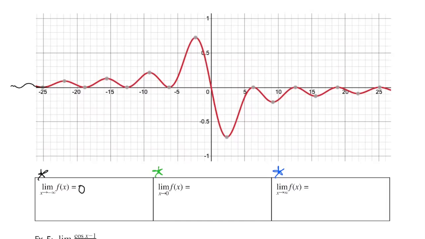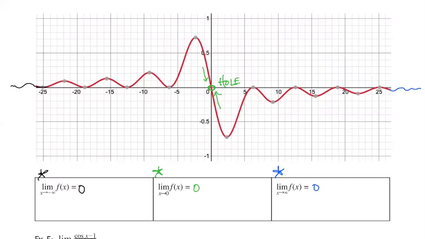If we go to the right end, those waves are going to get flatter and flatter, so they get closer to a y value of 0. And in the middle, we do have a hole here, but from the left-hand side and from the right-hand side, it gets close to a value of 0, okay?